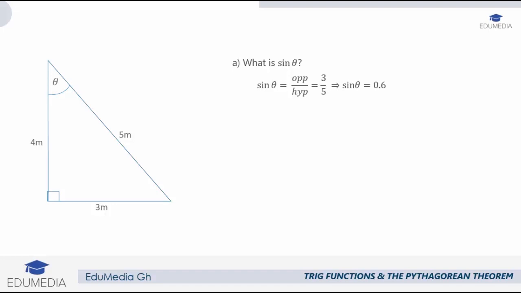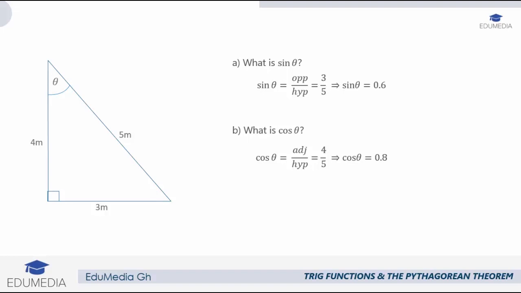We can also look for cos theta. We know that cos theta is adjacent divided by hypotenuse. So 4 divided by 5, with the 4 representing the adjacent and the 5 representing the hypotenuse. Likewise, in decimal form it is going to be 0.8.